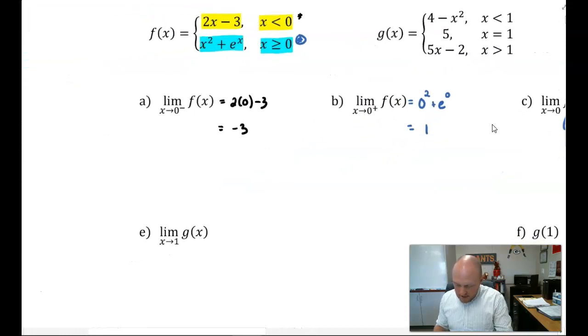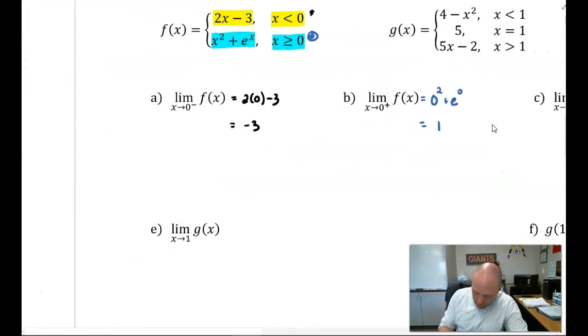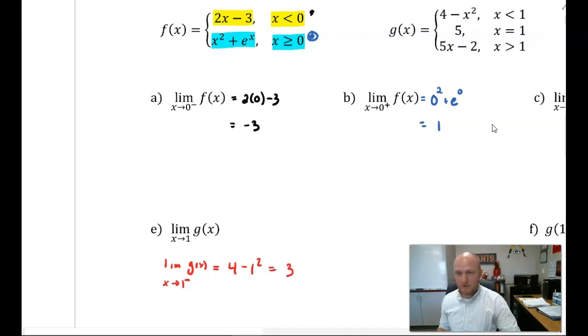So in order to calculate this, I'm going to say, okay, what is the limit of g of x as x approaches 1 from the left? Well, that's 4 minus x squared, so 1 squared. So this gives us 3.